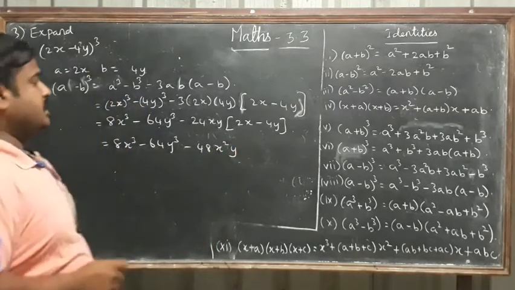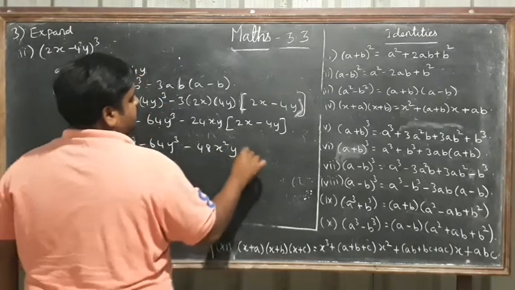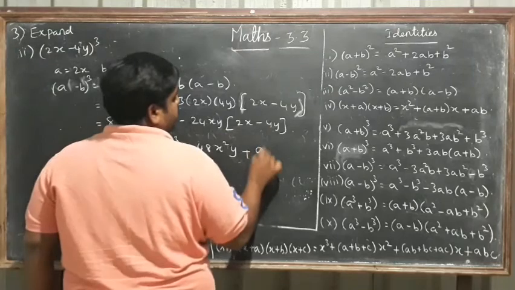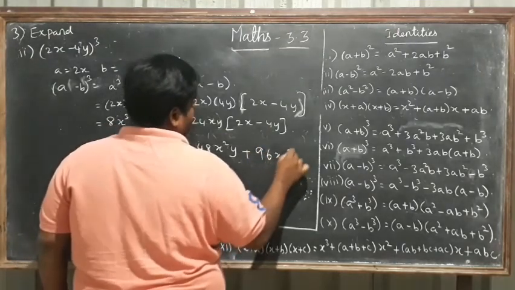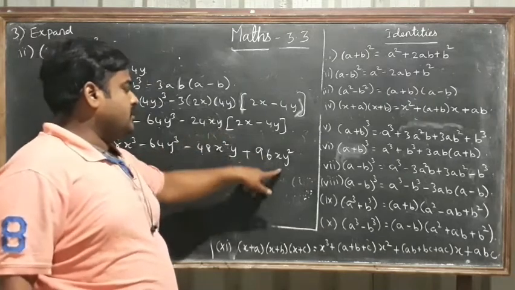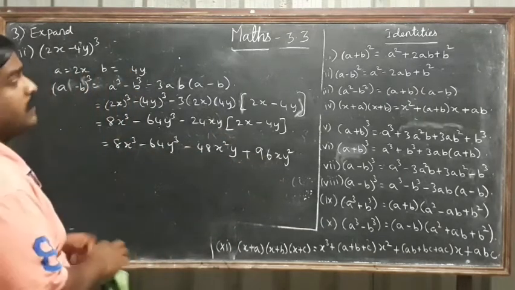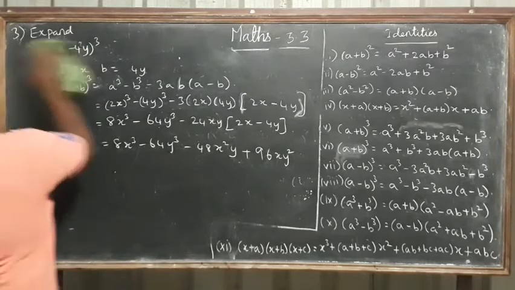See, x alone gets multiplied here. X into x will be x square into y. Minus into minus will be plus. 24 into 4 will be 96xy square. So we have got only one x here, but 2 y. So y into y will be y square. So this is the final answer for 2x minus 4y the whole cube. Clear?